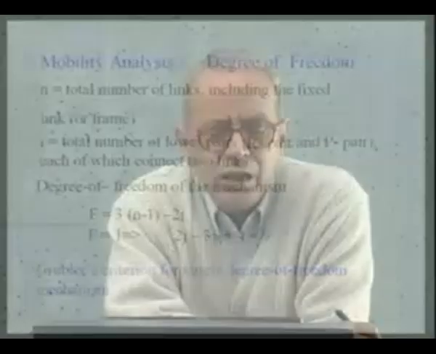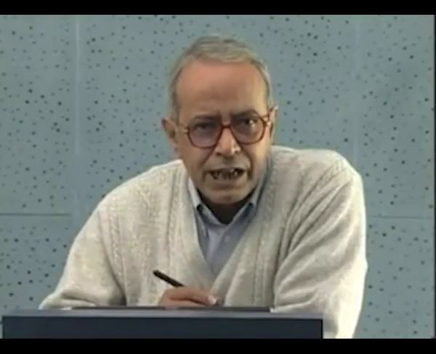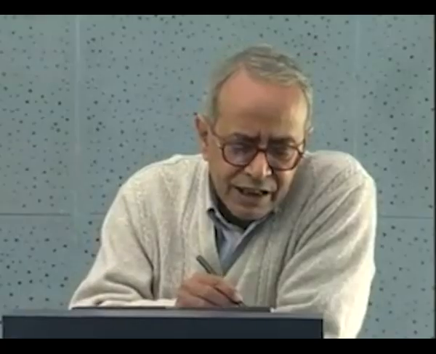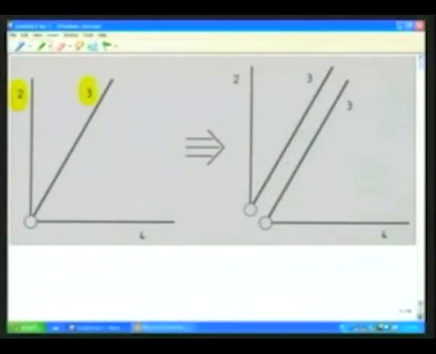Now, while deriving this Grubler's criterion, we assumed that each of these lower pairs is connecting only 2 links. However, due to practical considerations, sometimes more than 2 links can be connected at a particular hinge. As an example of a kinematic pair which connects more than 2 links, let us consider this figure. Here, 3 links, namely 2, 3 and 4, are connected by a single hinge at this location.